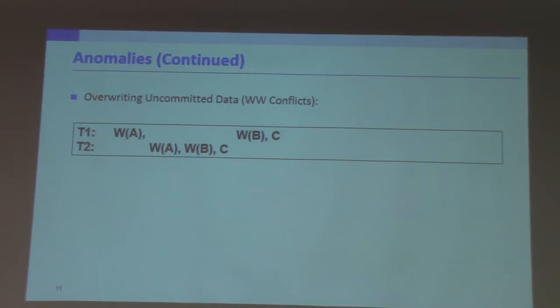Why is it okay in repeatable read? First of all, there are no dirty reads. There are no writes at all to begin with, so it cannot be a dirty read. Secondly, an object written multiple times cannot change value. No object has been written multiple times by the same transaction. So of course it's okay in repeatable read, but it's not okay in serializable level because it's not equivalent to this or that.